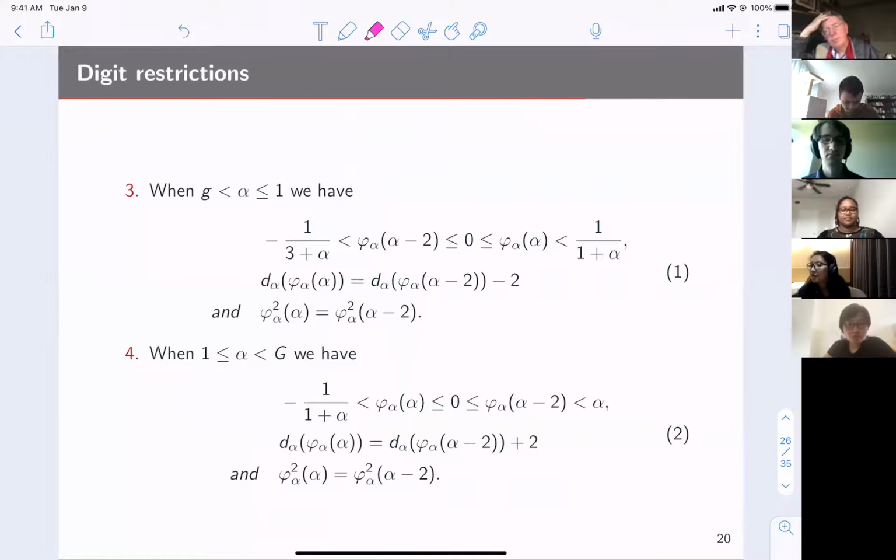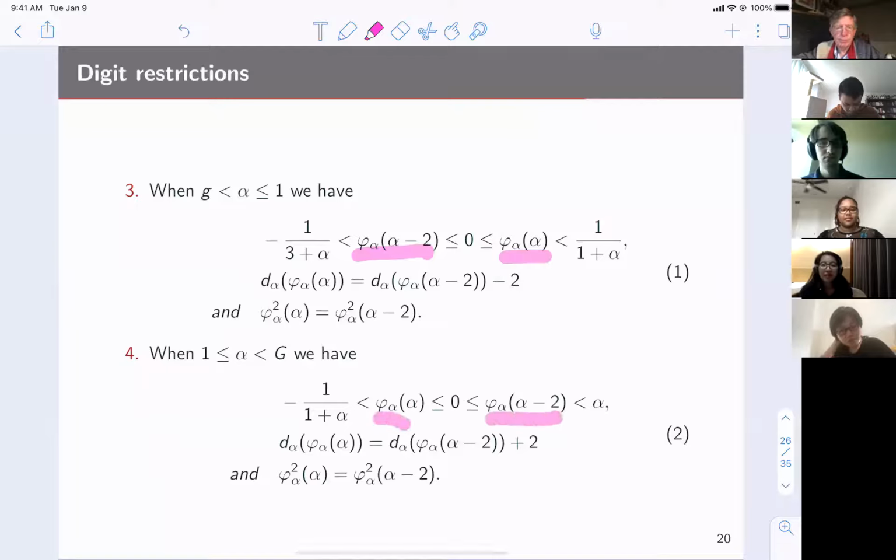So there are a couple key things here. We've switched which one is greater than the other between the two cases, which has the effect of switching whether we add or subtract when finding the second digit. And then in both cases, if you apply phi twice to both endpoints of the interval, you get the same numbers.